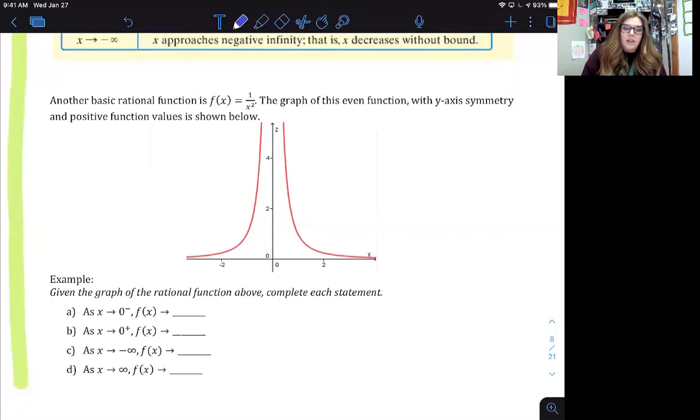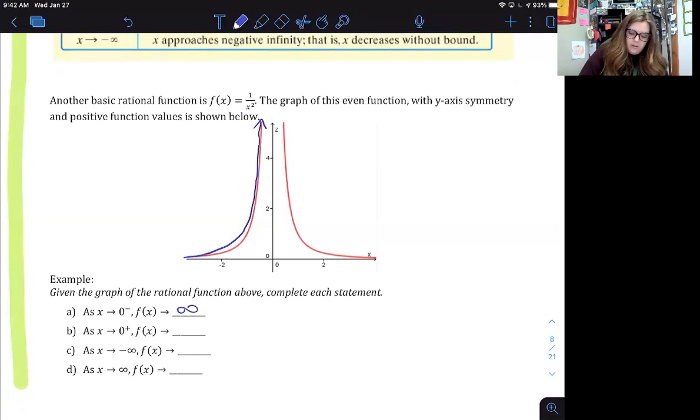Looking at A, we have as x approaches 0 from the left. I'm going to use our graph. As x approaches 0 from the left, we want to know where is y. As we get closer to 0, our y is going to continue going up, and that would be going up to positive infinity.